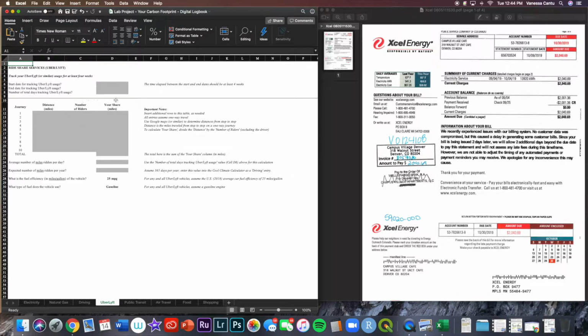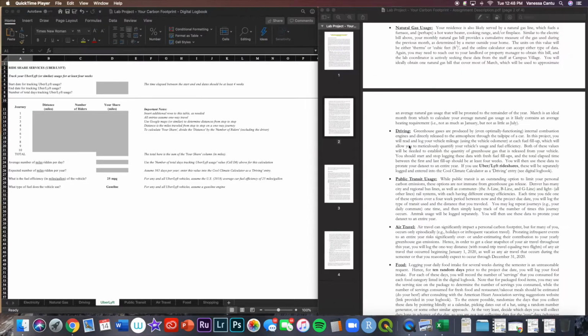It's never going to just be one, and then you can calculate your share because you're technically driving with another person. Then you'll calculate all of that the same. These two are kind of already standardized for any and all Uber Lyft vehicles.